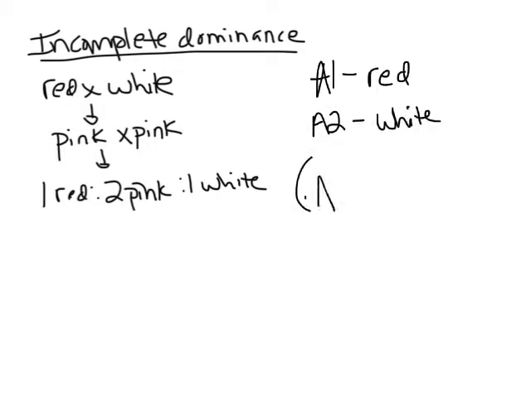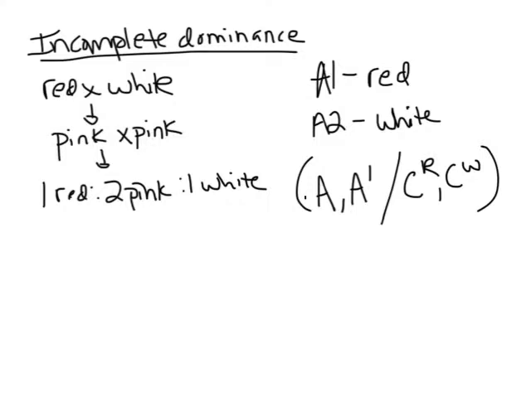You can also write things like A allele and A prime, or CR and CW for red and white, but it could be any combination thereof. It's just indicating that you have the same gene, the C gene, and there are two different versions of it, neither of which is dominant. Here's another way to write that.